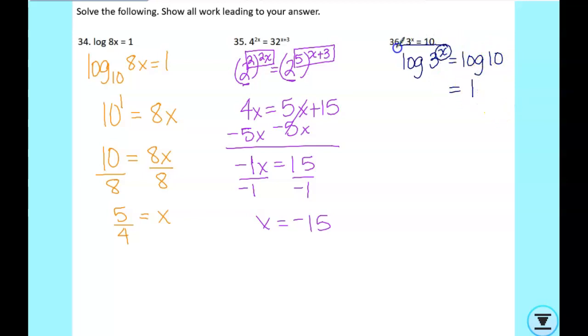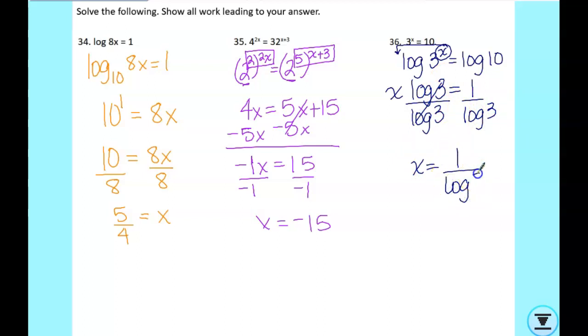The exponent over here, this is the power rule again, becomes the coefficient out here. So x times log of 3 is equal to 1. To get x by itself, we're going to divide both sides by the log of 3. And so x is equal to 1 over log of 3.